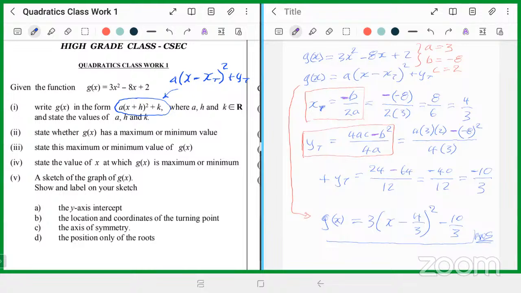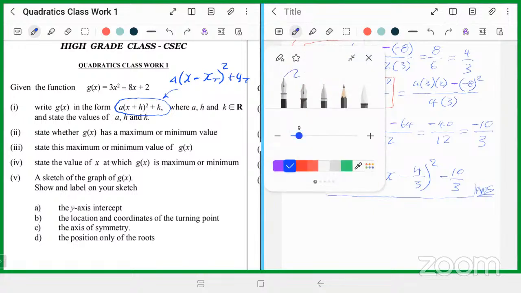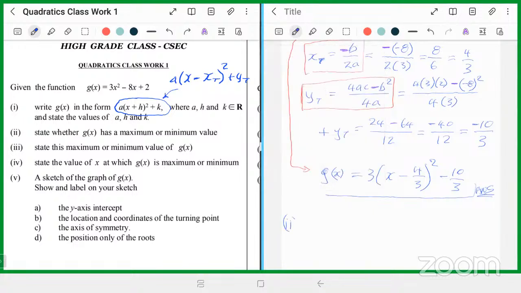All right, so the second part now says we have to state whether g of x has a maximum or minimum. So that is now part 2. Let's go back for the blue. The quadratic function will have a smile shape when the a is positive. In this case, it is the a that tells us whether it's a maximum or minimum.